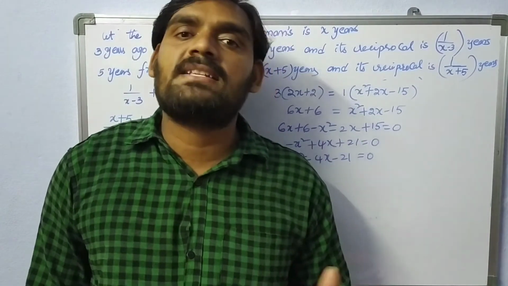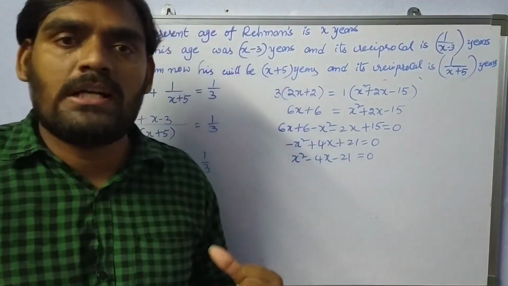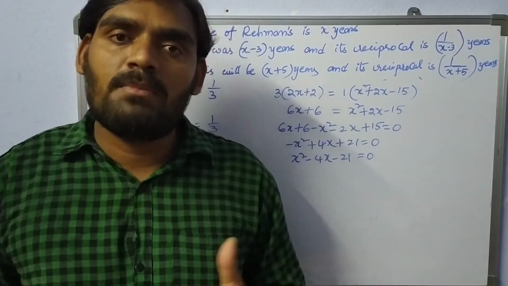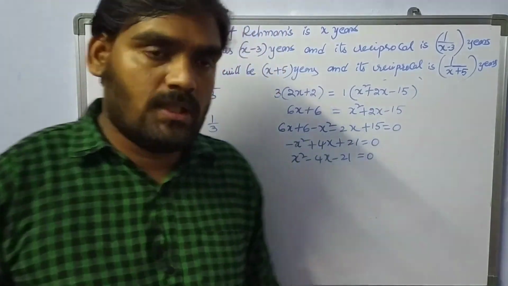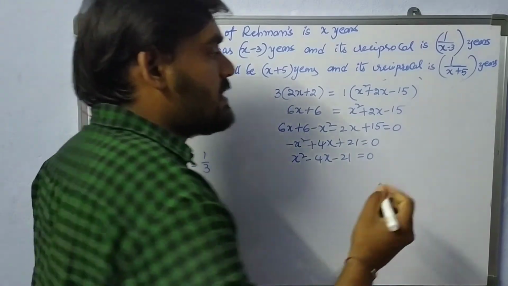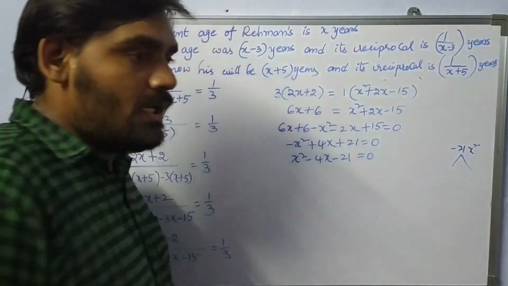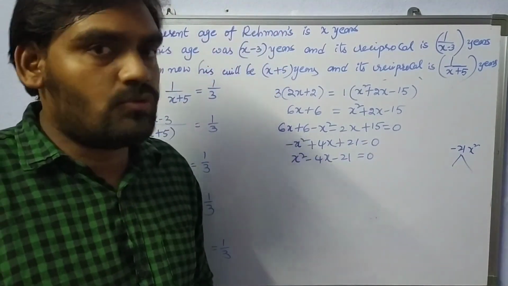Now it is in the form of a quadratic equation, ax square plus bx plus c is equal to 0. Now we need to find the roots of the quadratic equation by using the factorization method or the formula method, whichever is easy for us. See here, the product should be minus 21x square and the sum should be equal to minus 4x. So 7 3s are 21. We are very familiar with the factors of 21.